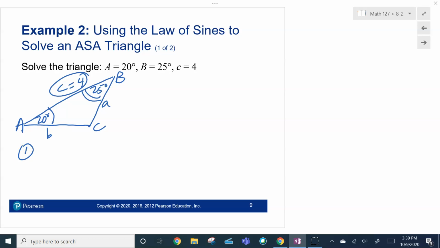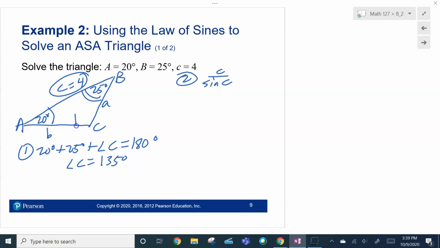Number one, we're going to solve for c. So 20 degrees plus 25 degrees plus angle c is 180 degrees. So this angle c ends up being 135 degrees. Number two, I'm going to go c over sine of c, because I just got my 135 degrees right there. So I have both of those.